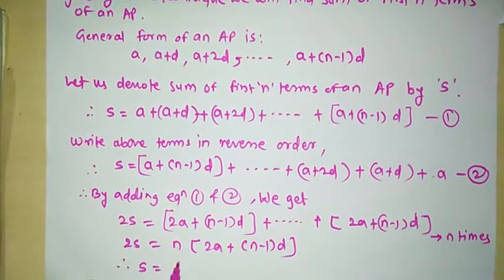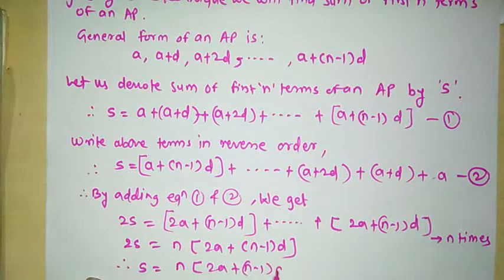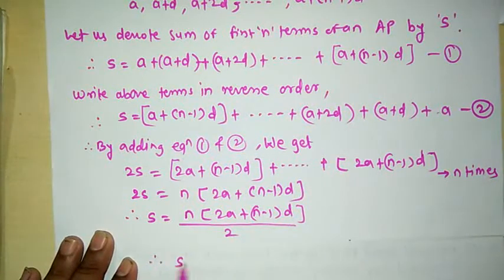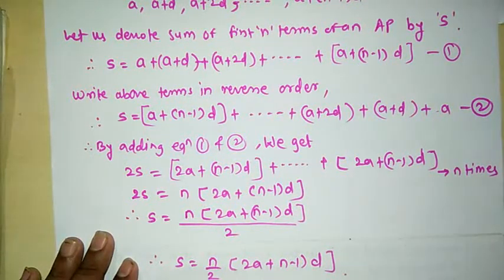Therefore s is equal to n into 2a plus n minus 1 into d divided by 2. Therefore s is equal to n by 2 into 2a plus n minus 1 into d.